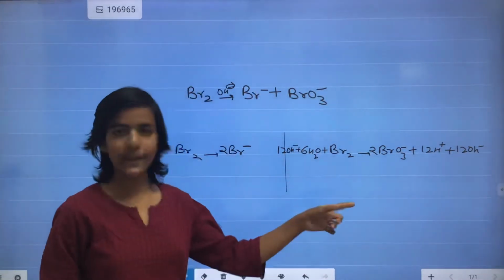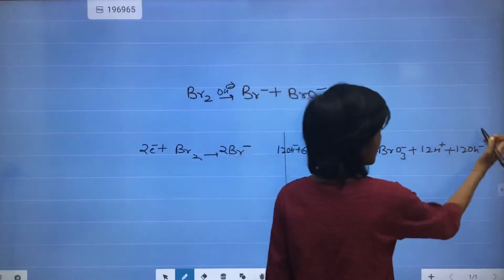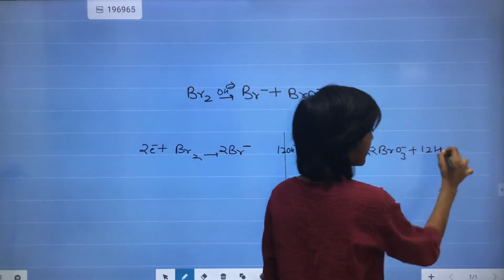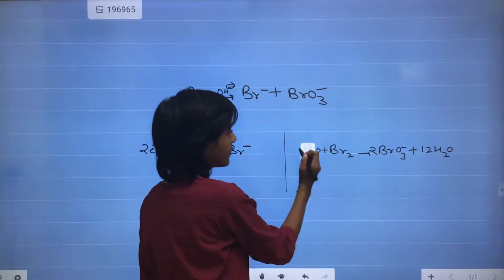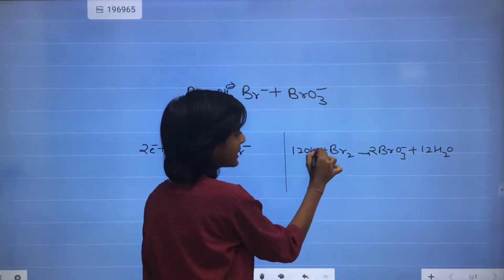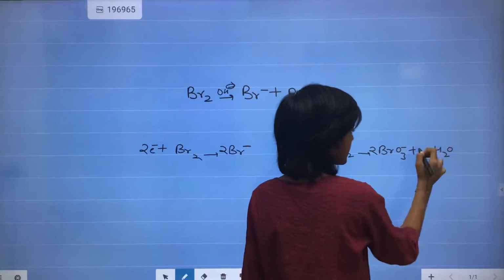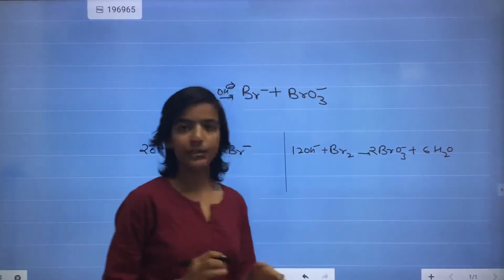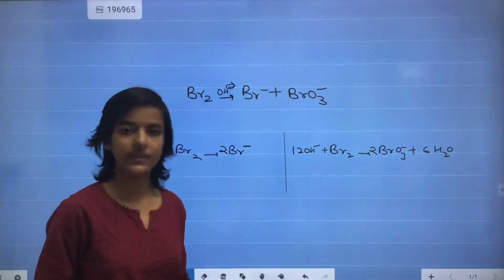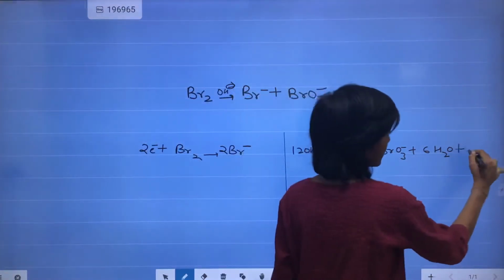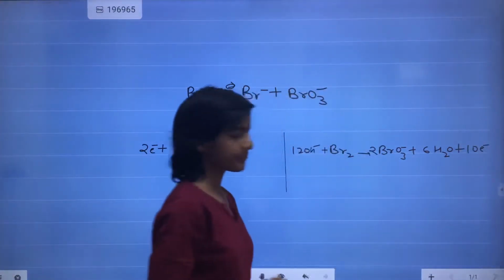So 12 H plus and 12 OH minus will be 12 H2O, and this 12 H2O and 6 H2O will be cancelled. So here it will be only 12 OH minus and here it will be 6 H2O. Now we talk about the charge. Here the charge is minus 12 and here it is minus 2. So there is a difference of 10 electrons, so 10 electrons over here.